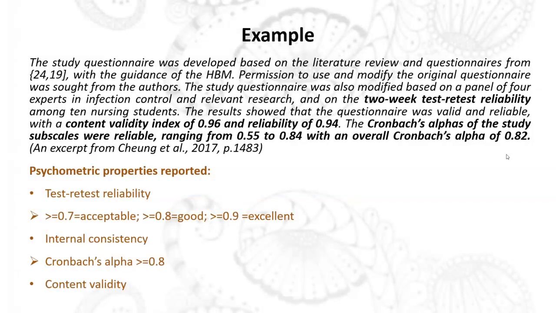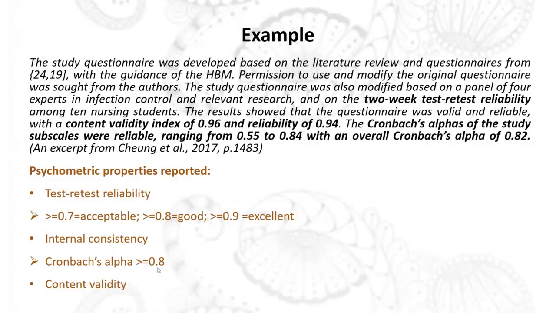And at the same time, the researchers also want to know the level of infection control in particular aspects. So that's why they also tell the subscale score. Let's read the overall score first, 0.82. Is it good? Yeah, good. Usually about 0.8 is good. 0.7 is also okay, acceptable.